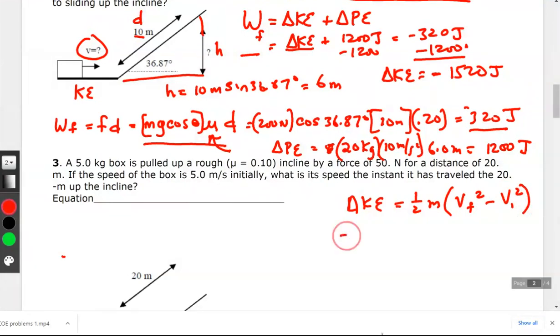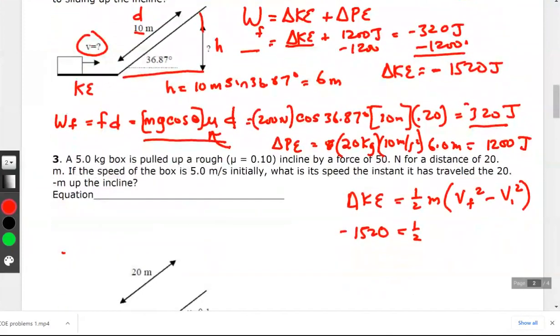So that's negative 1520 equals 1/2 of the m, which is given as 20 kg. Now the vf is 0 because it stops at the top, so it's 0 minus the vi squared, which we don't know.